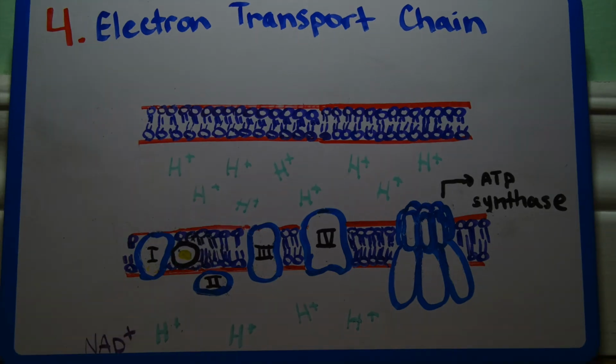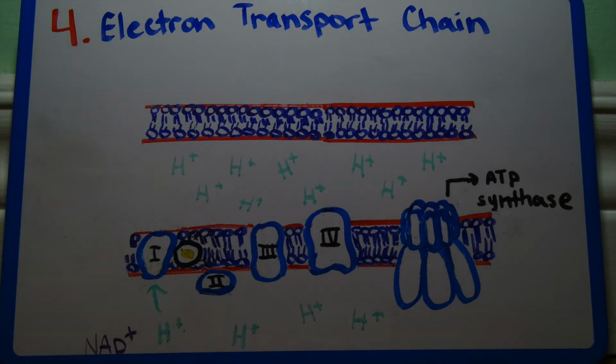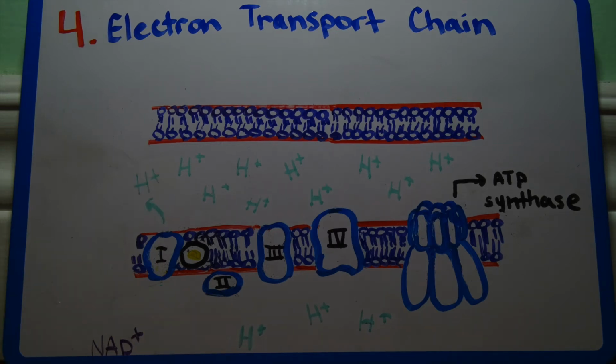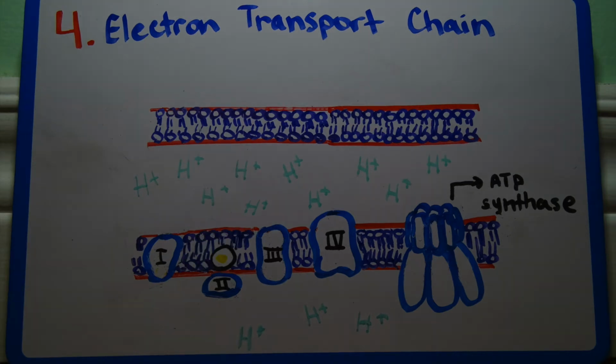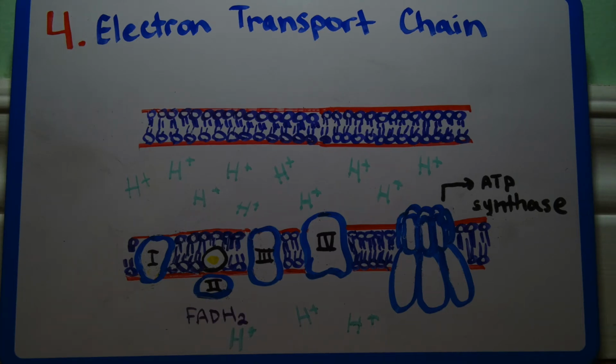The electron is then passed along to the ubiquinone shuttle. And as that happens, the energy given up from the electron pumps the H+ ion through the complex to the intermembrane space. The UQ shuttle now arrives at the second complex and picks up another electron from FADH2.